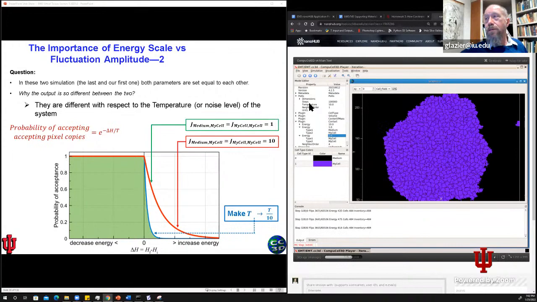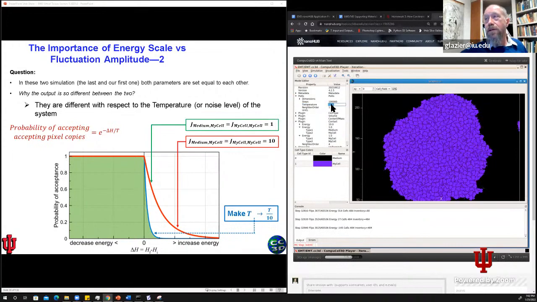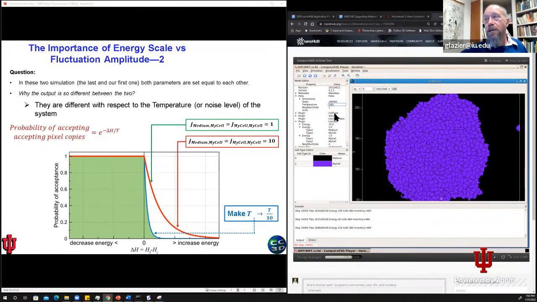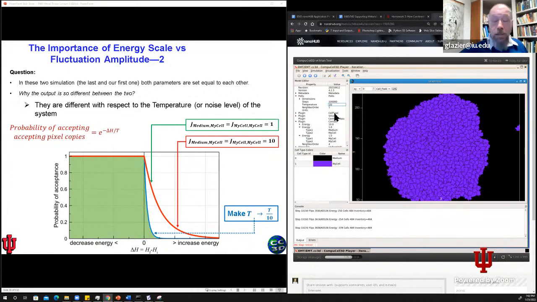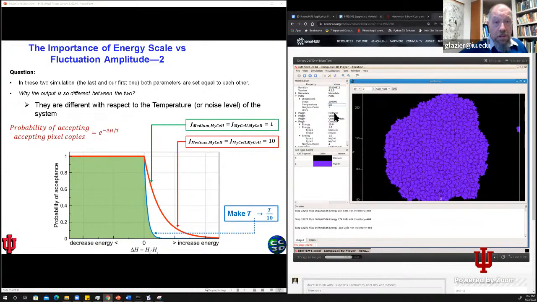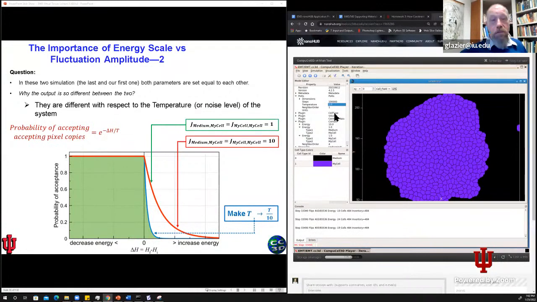This fluctuation amplitude is called temperature, and the default here is 10. If I now make it 1, and I don't know if this is going to work, it did work. I should recover exactly what I had when the fluctuation amplitude was 10 and the energies were 10, because the only thing that matters is that ratio.